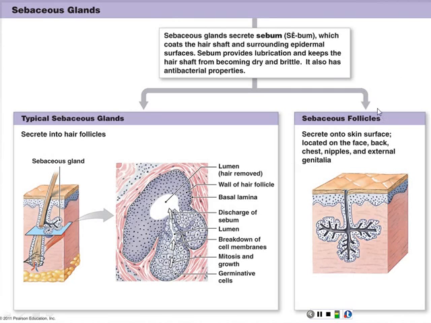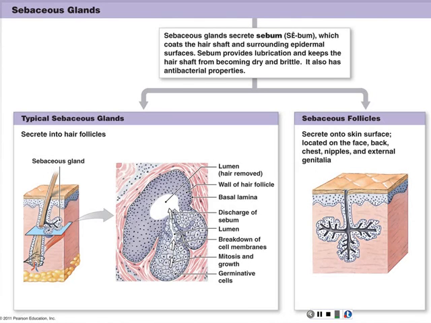For the body, that's what sebum does: it keeps the skin from becoming dry and brittle. So it's an oily, lipid-rich substance. It's produced in these glands, and then it's excreted onto the surface of the skin, where it flows out very slowly. They're associated with hairs because hair will get very dry and brittle without sebum.